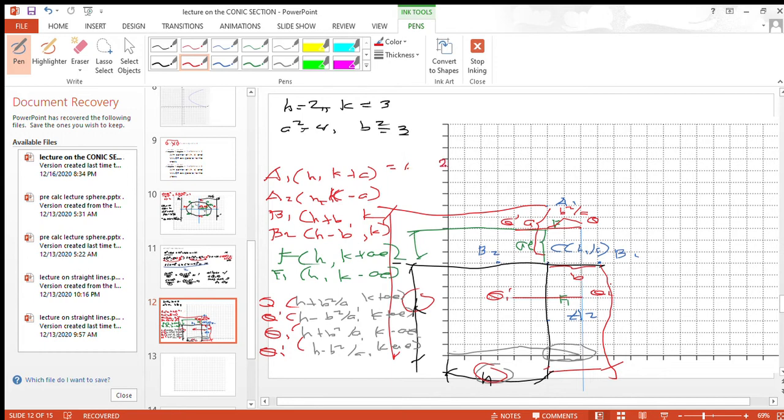H is 2, A1, H is 2, and K plus A. A squared is 4, therefore A is 2. B is the square root of 3, or 1.71. So A1 will be... the pen isn't writing. That's 2K.